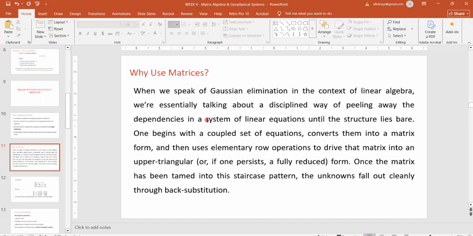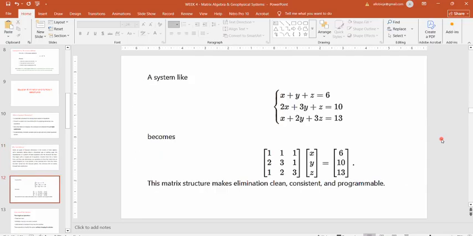One begins with a set of equations, converts them into matrix form, that is AX equals B, then uses elementary row operations to drive that matrix into an upper triangular, or if one exists, a fully reduced form. Once the matrix has been tamed into the staircase pattern, the unknowns fall out cleanly through back substitution. I think that was what I explained.